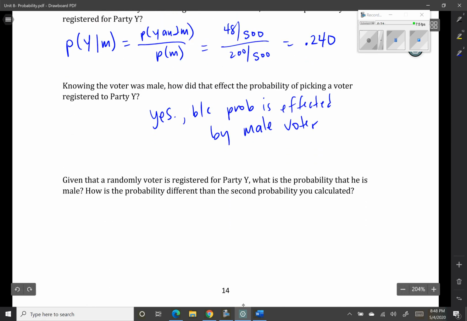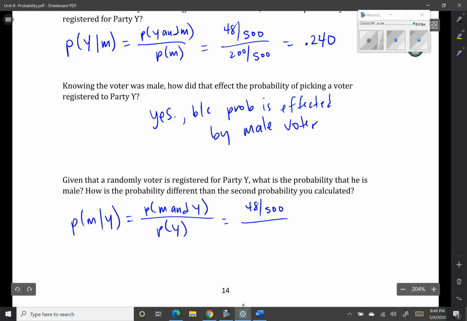So it then says, given the randomly selected voter of party Y, what is the probability that they are male? Now, you might think that these two questions are the same, but they are different. So this is actually the probability of male, given that it is a voter for Y party. So it's going to be the probability of male and Y. That's going to be the same fraction, 48 voters out of 500. But the dividing fraction, or the denominator, is going to be different, right?